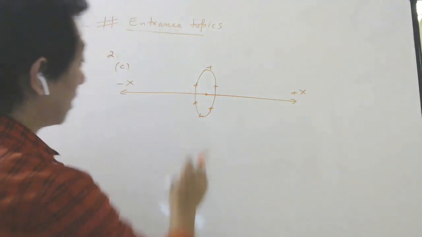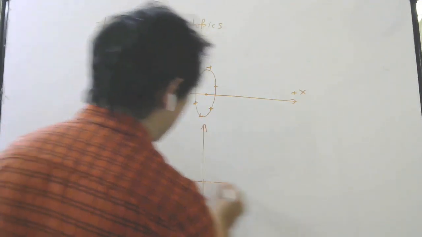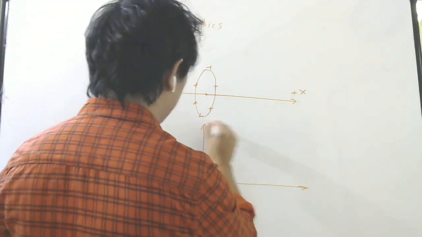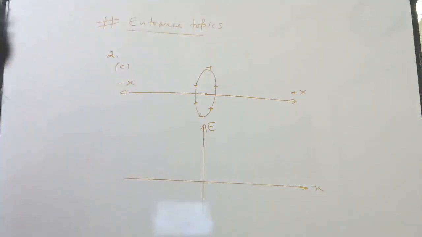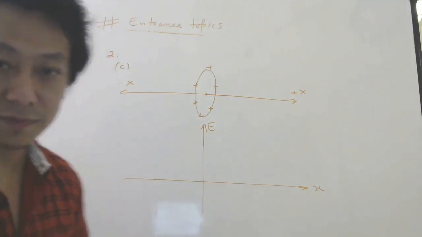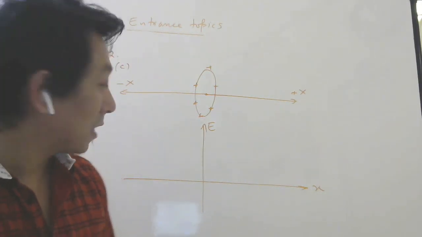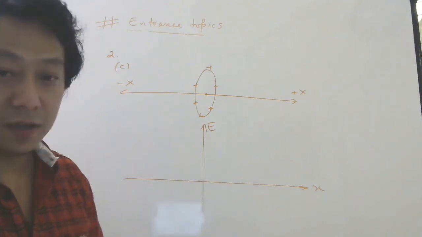As I move along this, I want you to show me a graph of electric field versus x. So how will the graph look like? This graph has come in one of the JEE exams. So you have to think how the graph will look like.